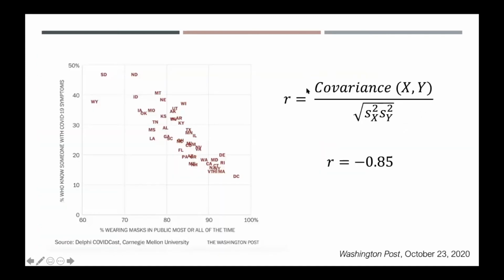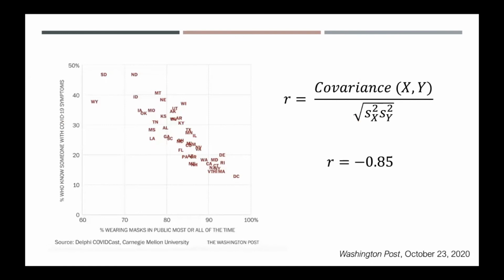So we can take our covariance that we've just calculated, divide it by the square root of the product of the two variances to calculate our correlation coefficient of the relationship between mask wearing and COVID symptoms across these 50 states as negative 0.85.